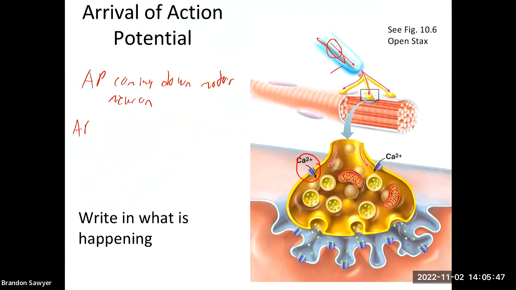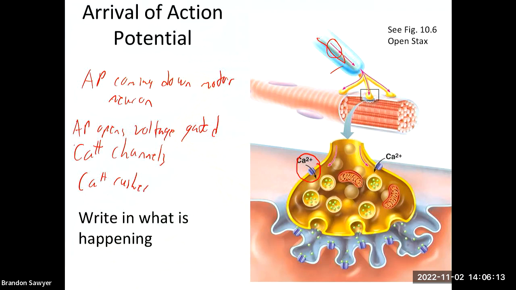So the action potential opens the voltage-gated calcium channel. And then which way does calcium go? Perfect. Calcium goes into the neuron.